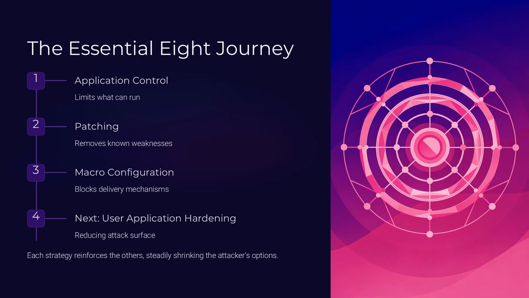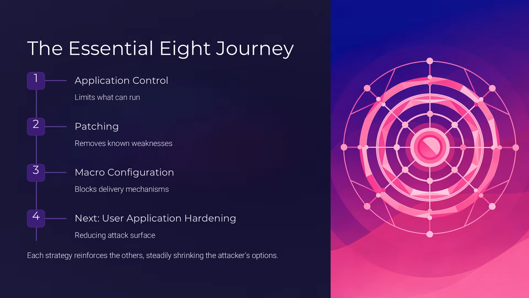Each strategy reinforces the others, steadily shrinking the attacker's options. In the next lecture, you will continue this progression by exploring strategy 4, user application hardening, where you will see how everyday software features, browsers, PDFs and plugins are abused, and how reducing attack surface can dramatically improve security without disrupting normal work.